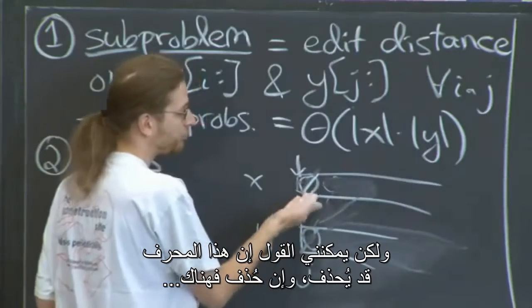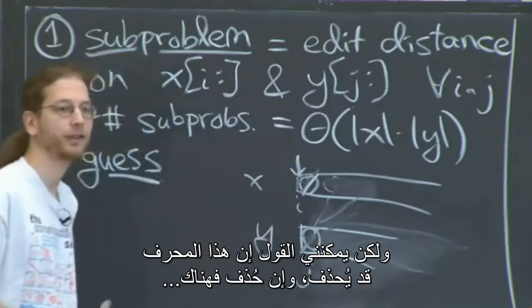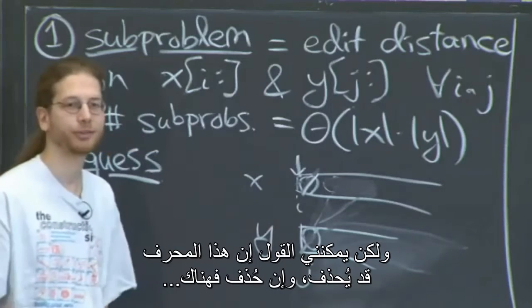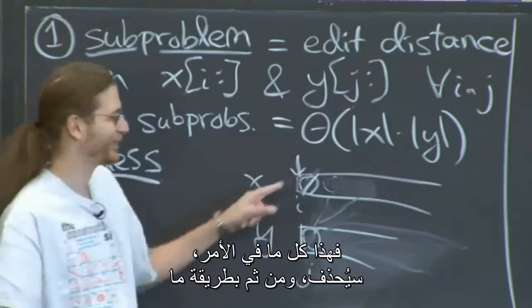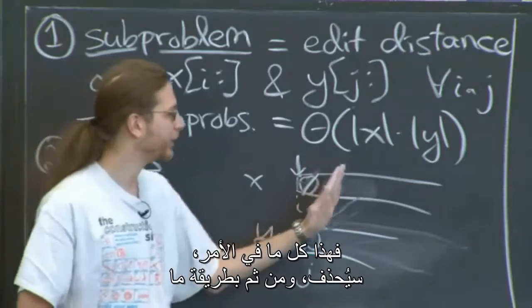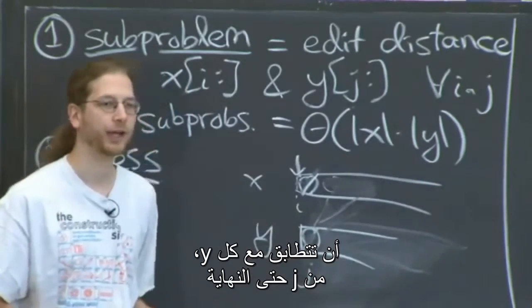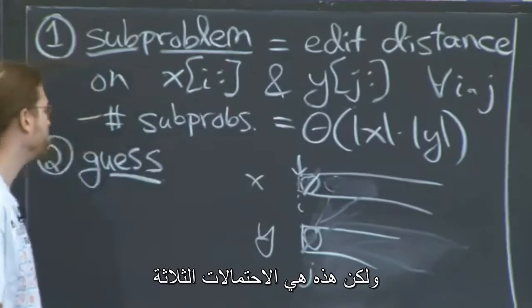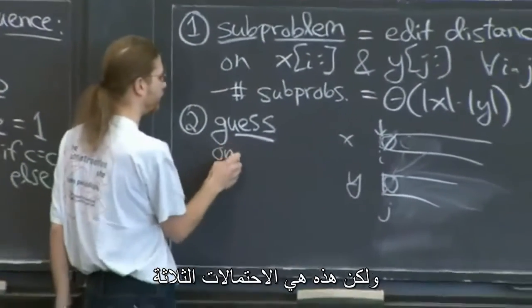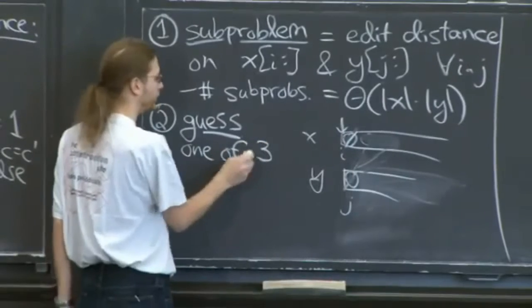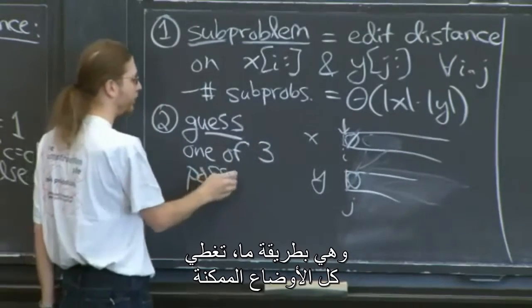But I could just say, well, this character might get deleted. If it gets deleted, that's it. It gets deleted. And then somehow the rest of the x from i plus 1 on has to match with all of y from j on. But those are the three possibilities. And they, in some sense, capture all possibilities.